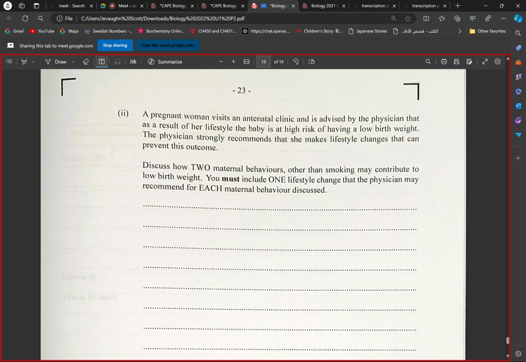Drugs. Okay, be more specific. Specificity is your friend. Let's go. Drugs, what drugs? Give me one moment.